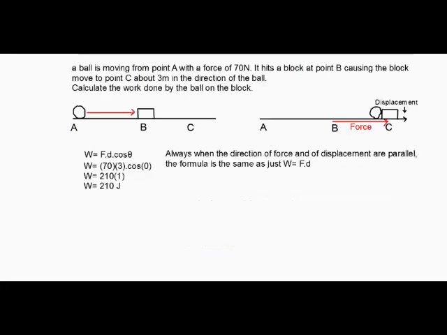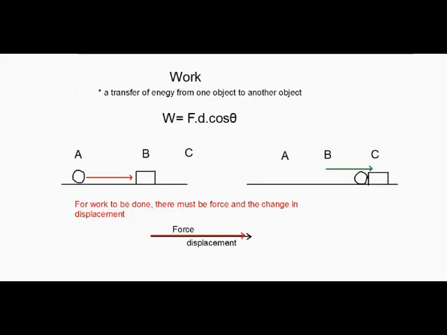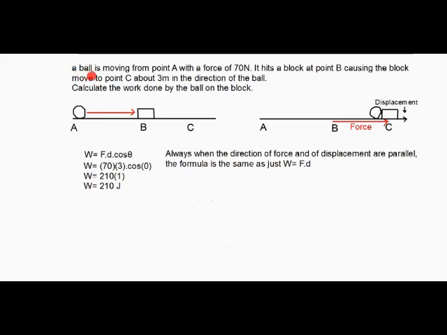Okay, let's say now a ball is moving from point A, the same scenario, but now we do it with calculation. A ball is moving from point A with a force of 70 newtons. The 70 newtons is used by the ball to push this box.